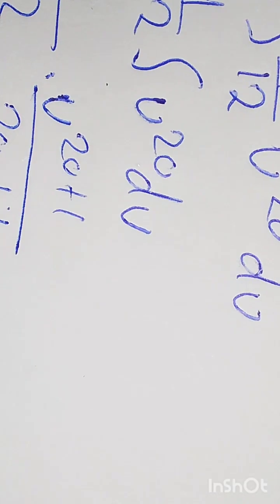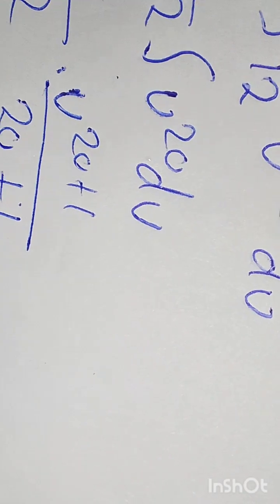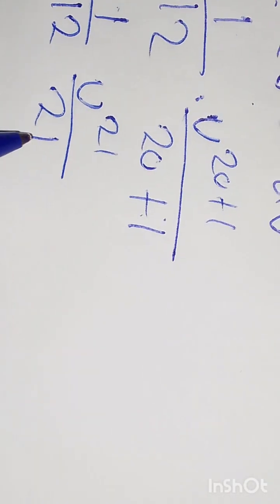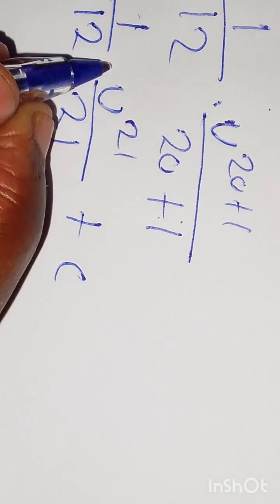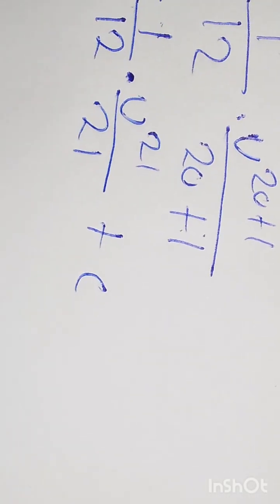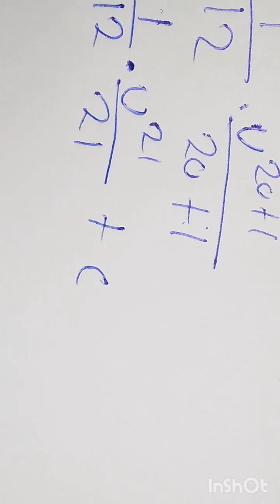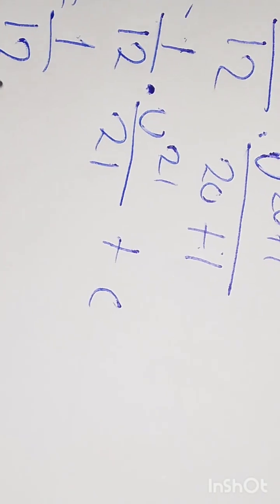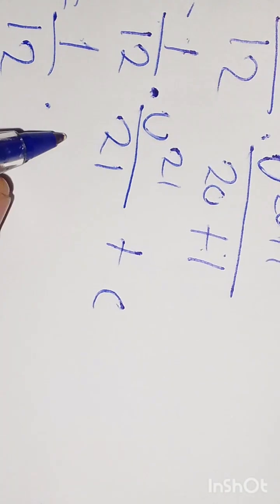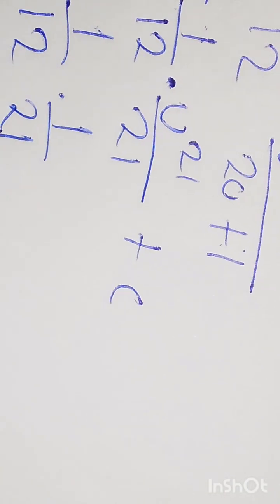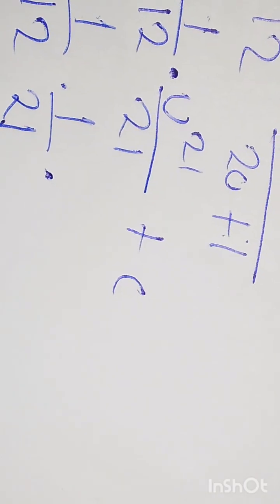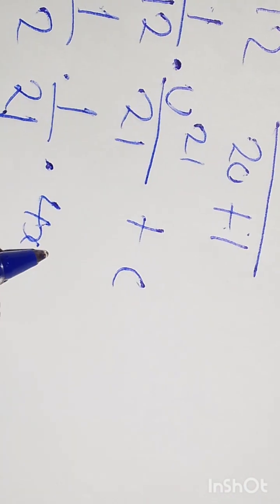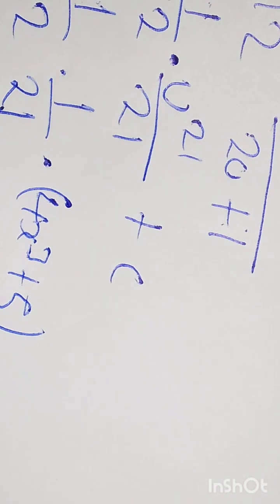So it's 1 over 12, then 20 plus 1 is 21, so u to the power 21 over 21 plus C. Here you're multiplying: 1 over 12 multiplied by 1 over 21 multiplied by our u, which we said is (4x to the power 3 plus 5) to the power 21.